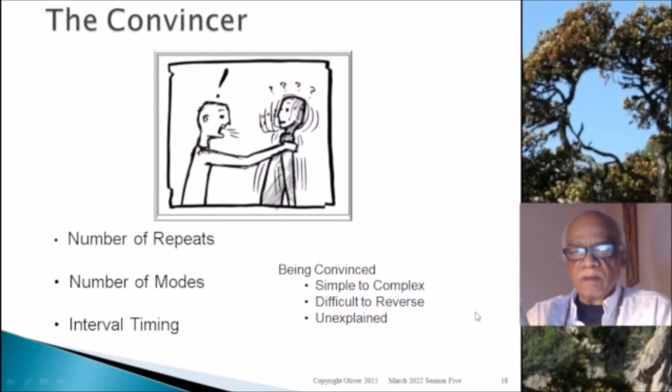The other way the timeline can play, and it's kind of related to the frequency counter, is what does it take to convince someone? What number of times do you have to do it to convince someone? Or do you have to use a different number of modes? Do you have to say something to them verbally?